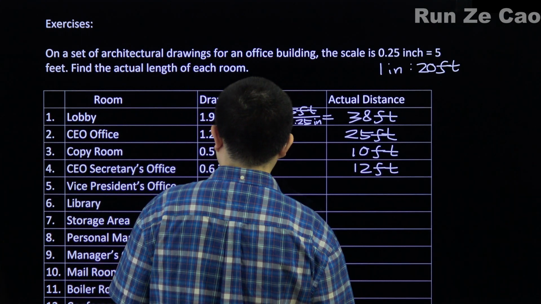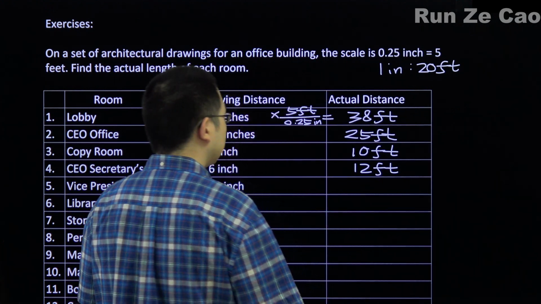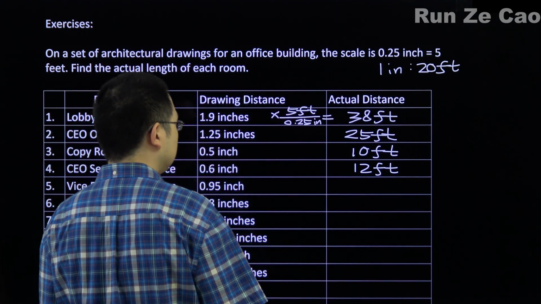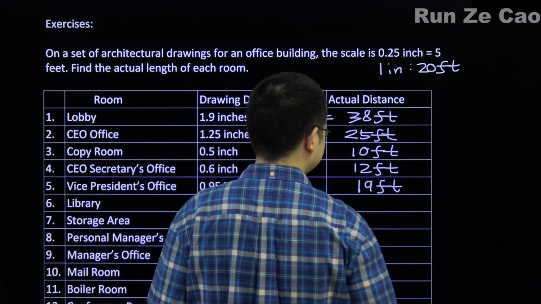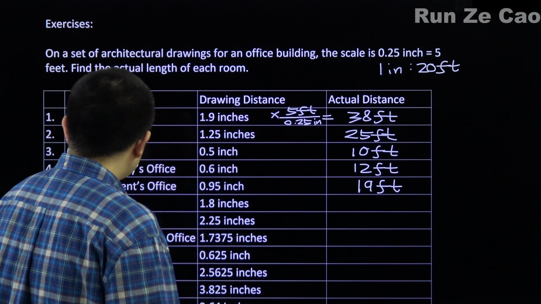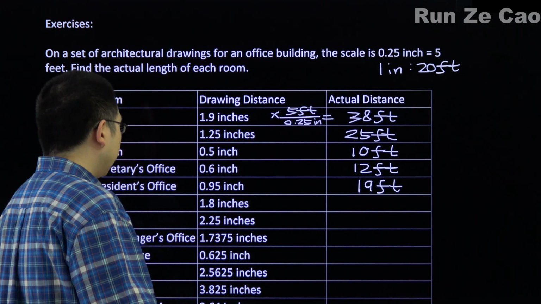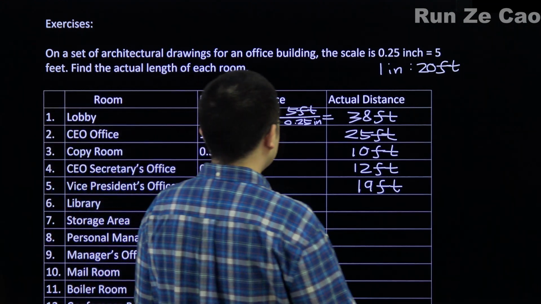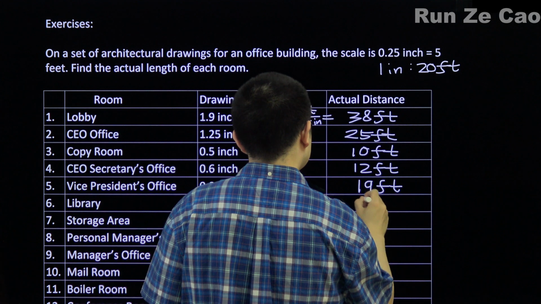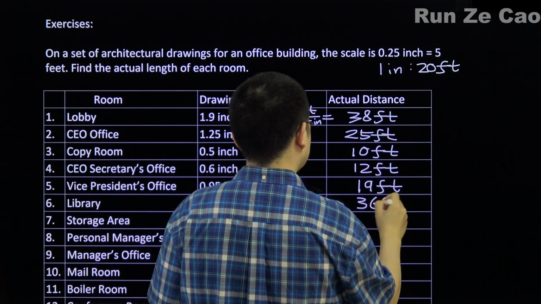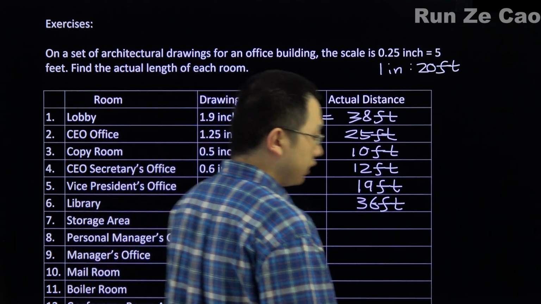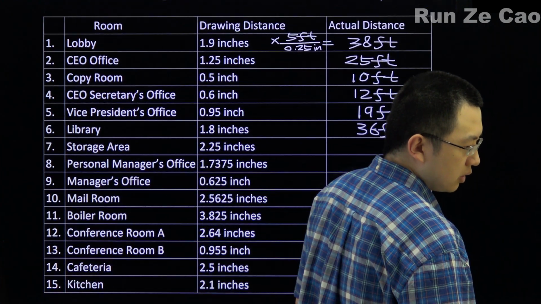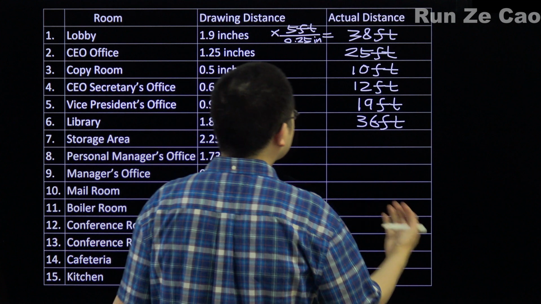Vice President's office, 0.95 inches times 20 feet per inch, you get 19 feet. Library, 1.8 inches times 20 feet per inch, 36 feet. Storage area, 2.25 inches times 20 feet per inch.